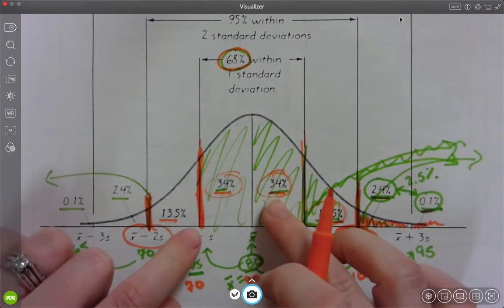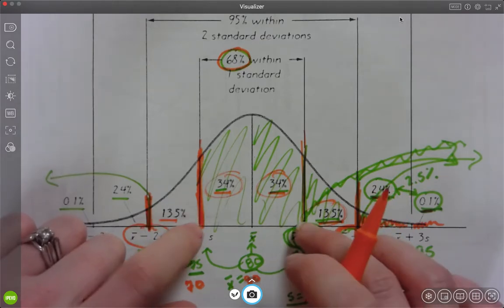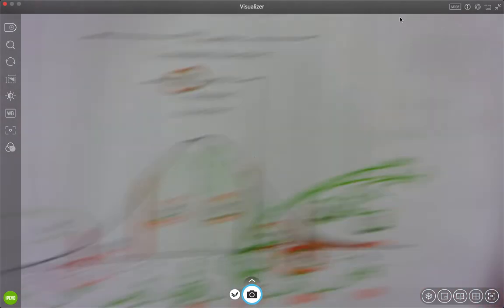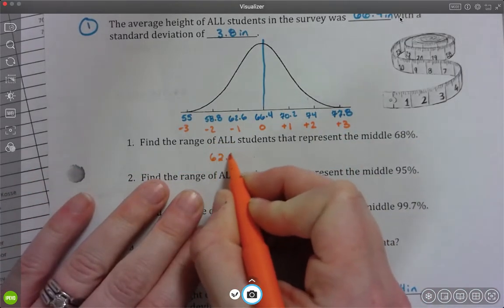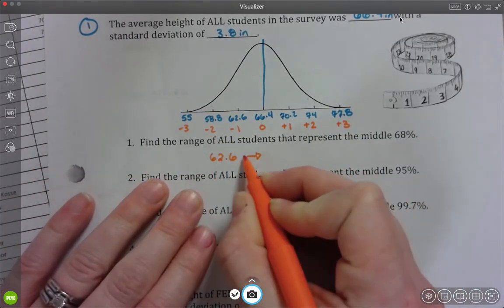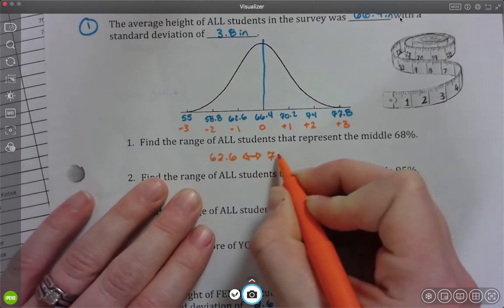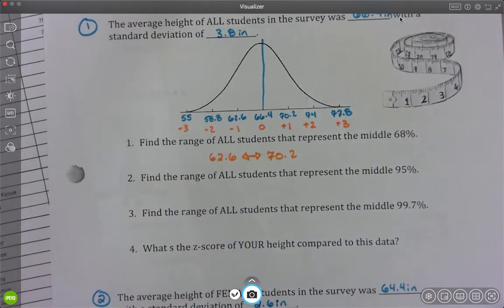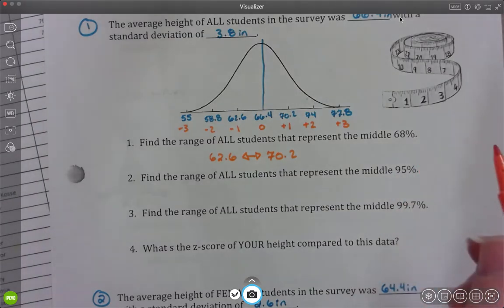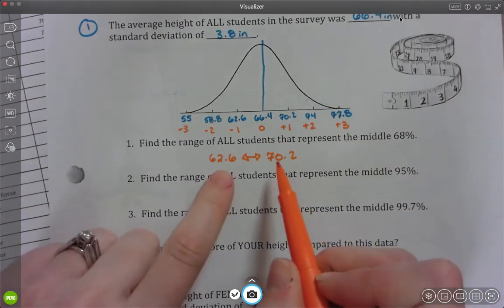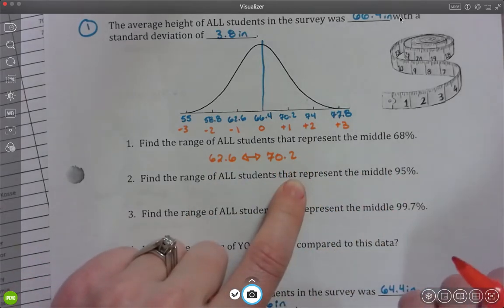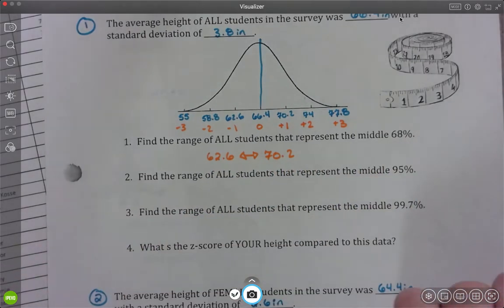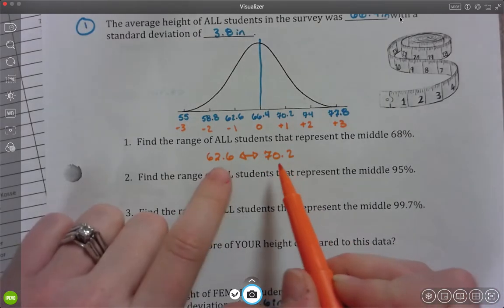So -1 is 62.6 and +1 is 70.2 inches. We can say that about 68% of the students at Blue Hill are going to be between the heights of 62.6 inches and 70.2 inches. So the majority of students have heights that fall in that area.